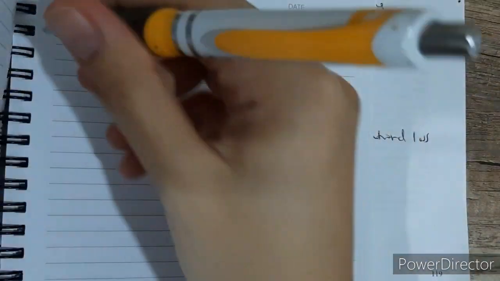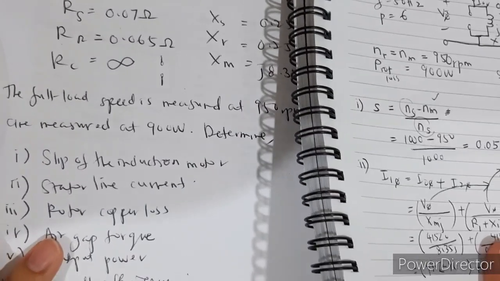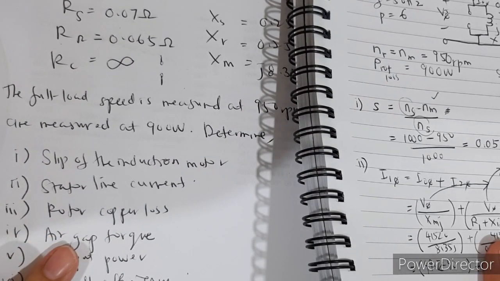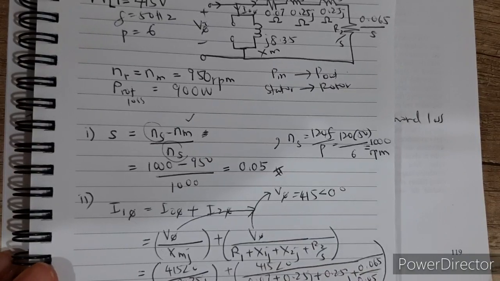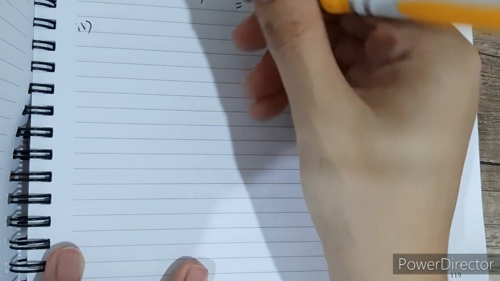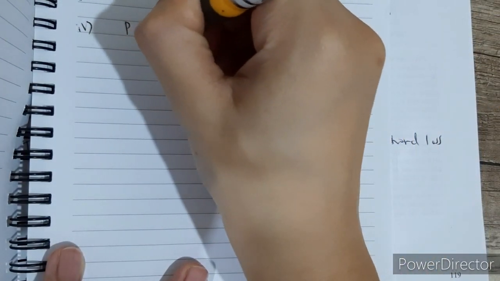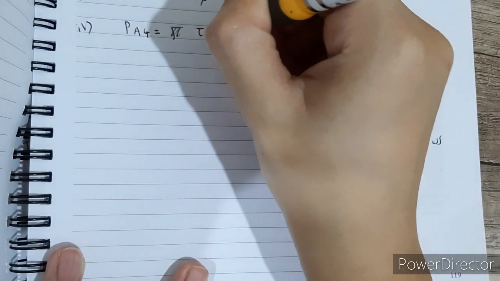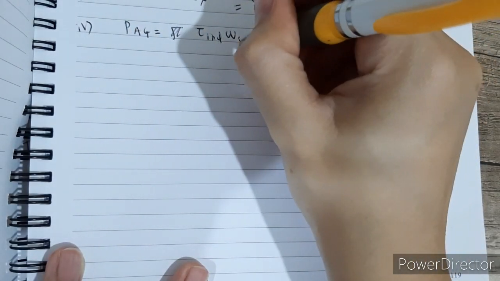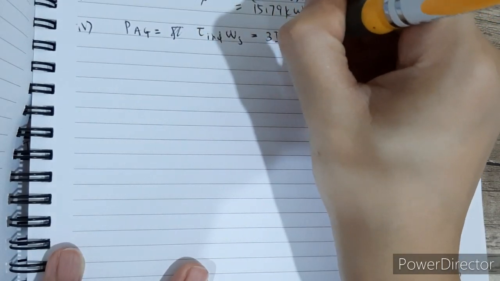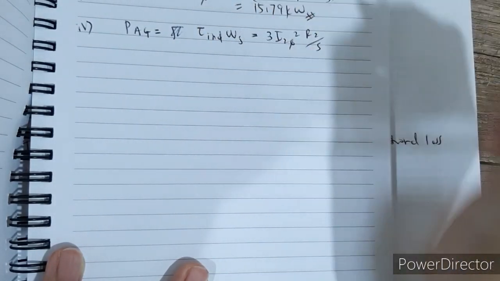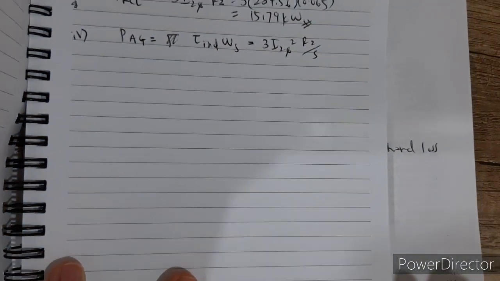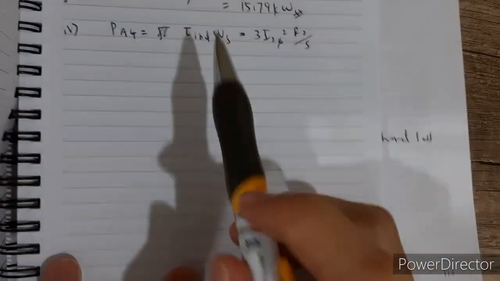Okay, number 4 is air gap, not air gap power, but air gap torque. Don't worry. We know that the formula for P air gap is induced torque times omega s, or 3 I2 phase squared R2 over S. So the question asks for air gap torque.